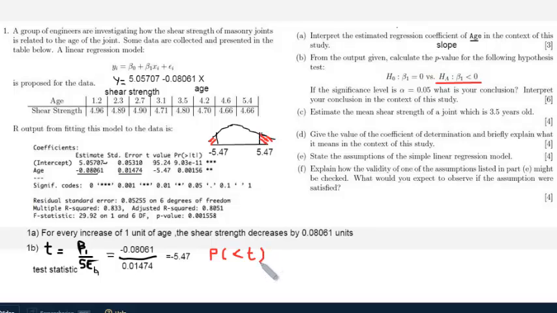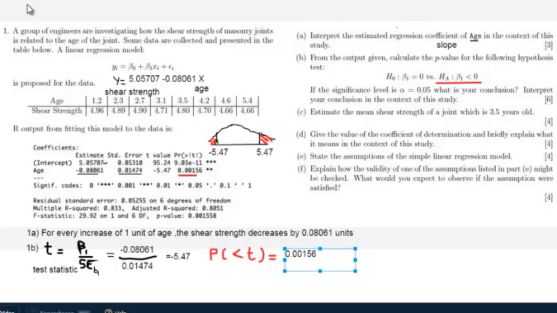Here these two areas would be equal by symmetry. So this plus this is equal to 0.00156, so only one of them would be half.